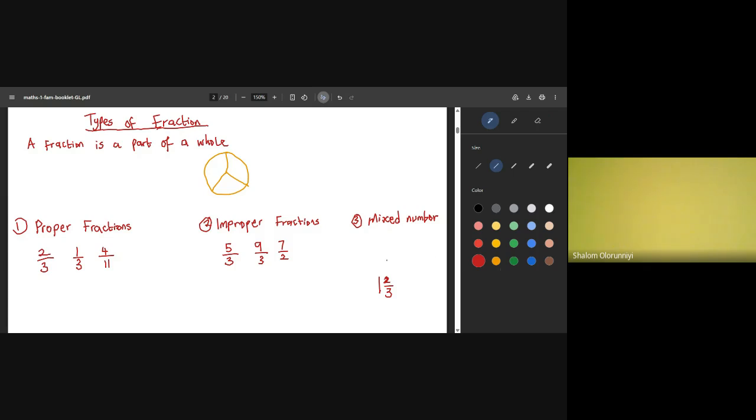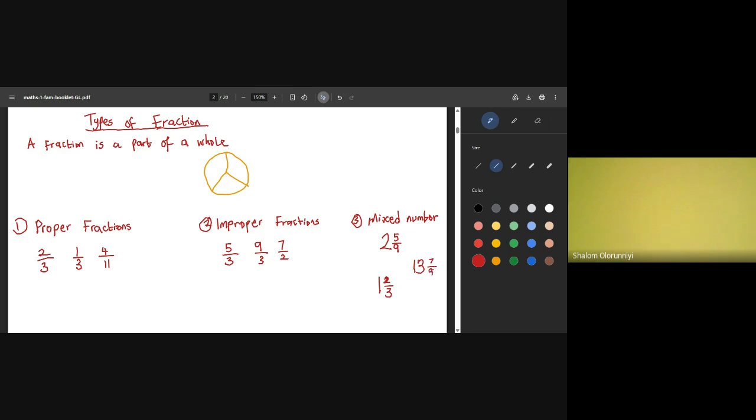There are other examples of mixed numbers. Just add a whole number, 2 whole 5/9. A whole number and a proper fraction would always make a mixed number. And let me get one more example. 13 whole and 7/9.